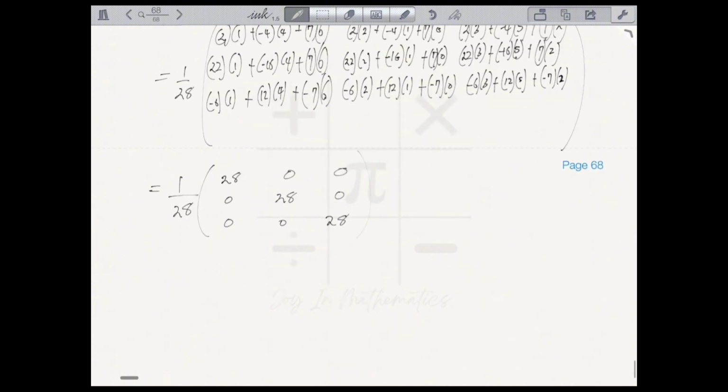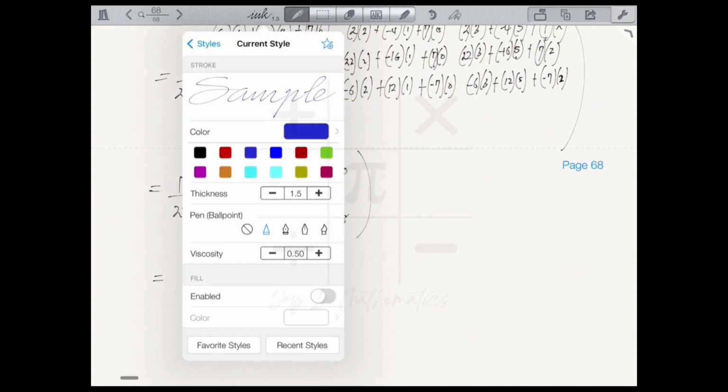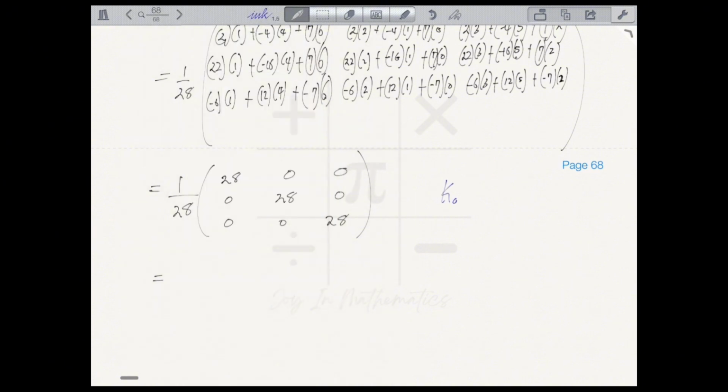Now that we have a matrix, this is a scalar multiplication, and in scalar multiplication, we know that k multiplied by a term of the matrix a_ij is k times a_ij itself. So 1 over 28 multiplies all the terms, and it goes like that.